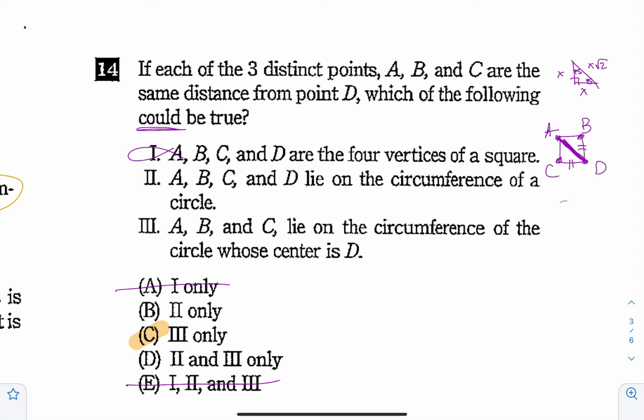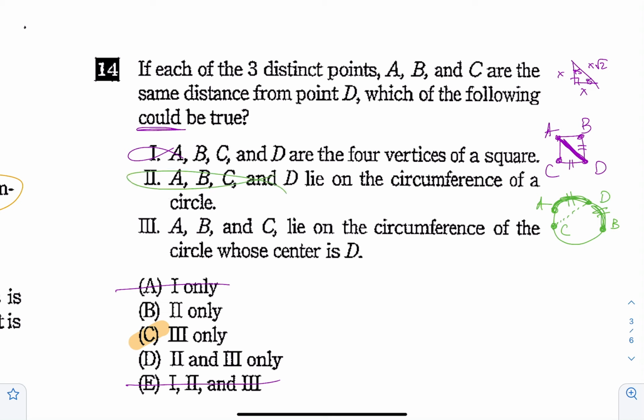So you want to draw a circle here, and you want to put the points so that they're all equal to point D. So if you pick 2 points, A and B, 2 of them can be the same distance to point D, but another third point, let's say C, will be further away from D. There's no way where you can put a third point so that it's the same distance, because this is a flat shape, not a sphere.